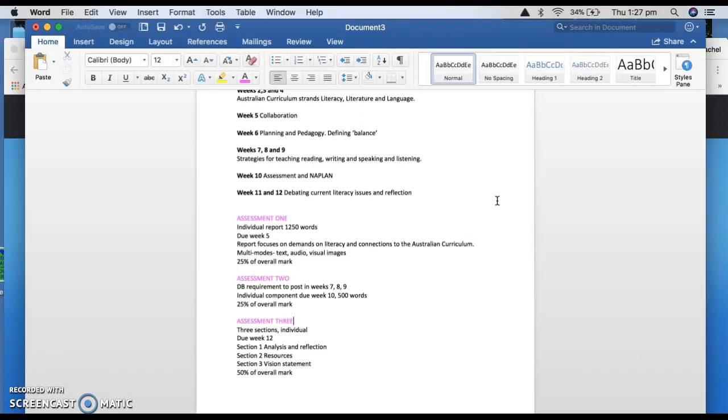Assessment 3 is quite a big one, and I know that it often can cause a little bit of anxiety because students see that it's worth 50% of the mark, and it causes a bit of worry. So I'm always very, very mindful of this, and I always try to give information as early as possible so that you feel like you are not rushed and you have plenty of time to complete the task.